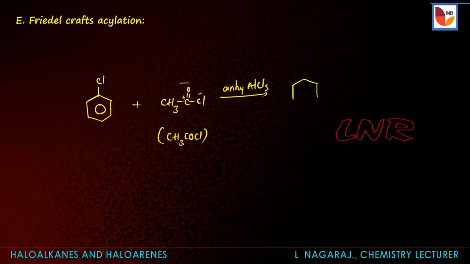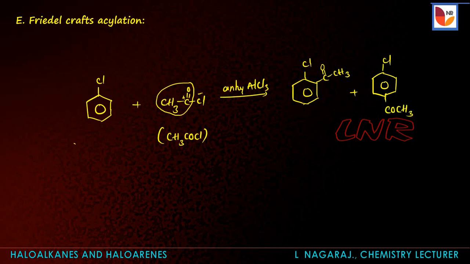So the electrophile part, that is the CH3CO part, is attached at the ortho as well as at the para positions, that is Cl, and the positive charge on the carbonyl carbon. So attach the carbonyl carbon first, CO, and it is CH3, and at the para position, Cl and COCH3.